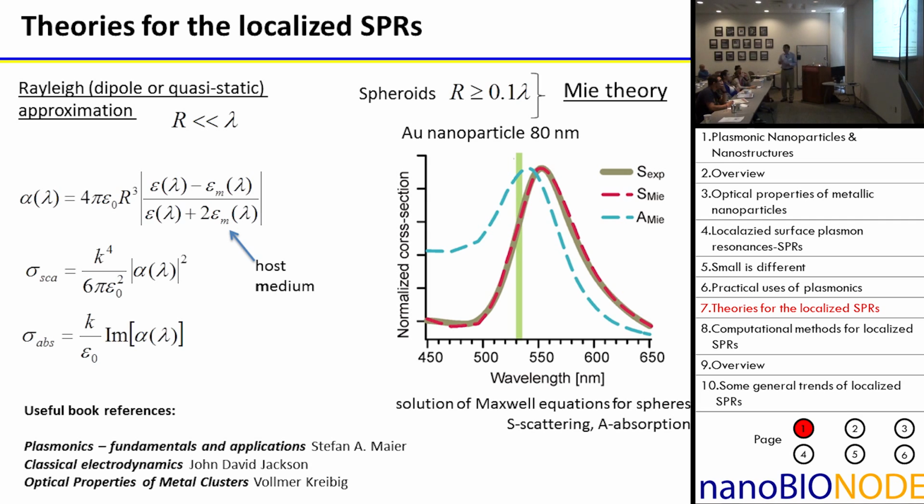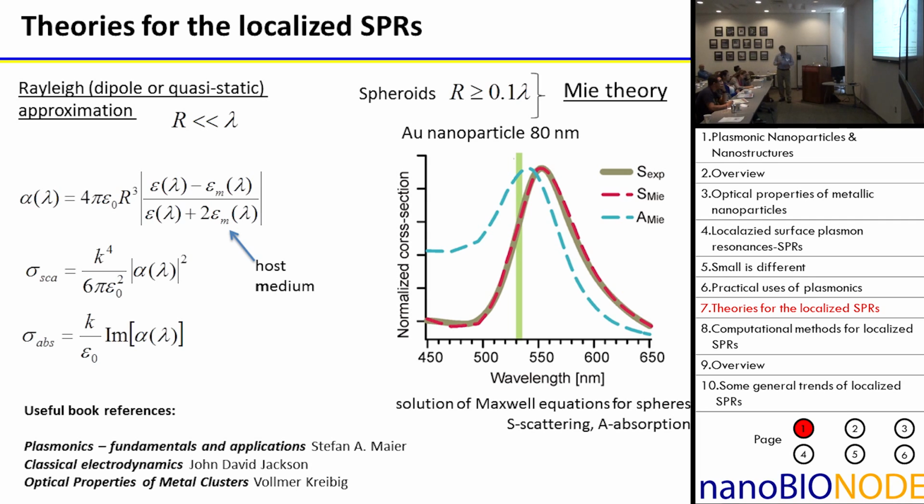This type of interaction that leads to the interesting effects we just discussed can be described analytically, and one way to do it is using the so-called Rayleigh approximation. Again, this is for the cases when the size of particles is much, much smaller than the wavelengths of light.